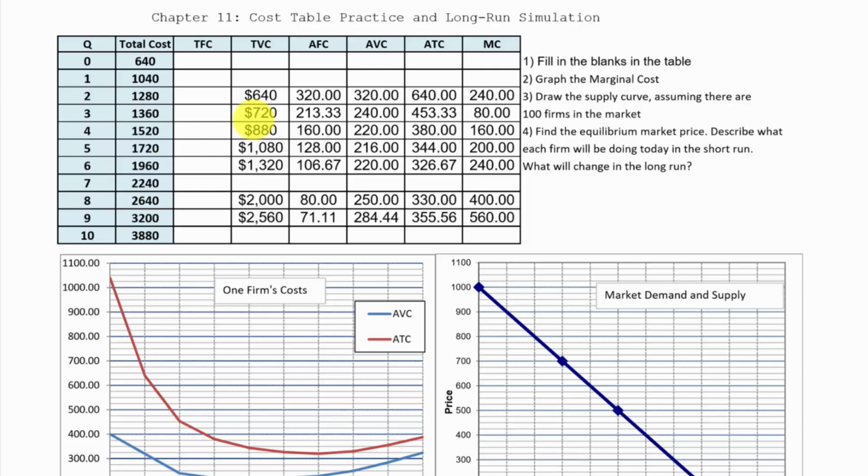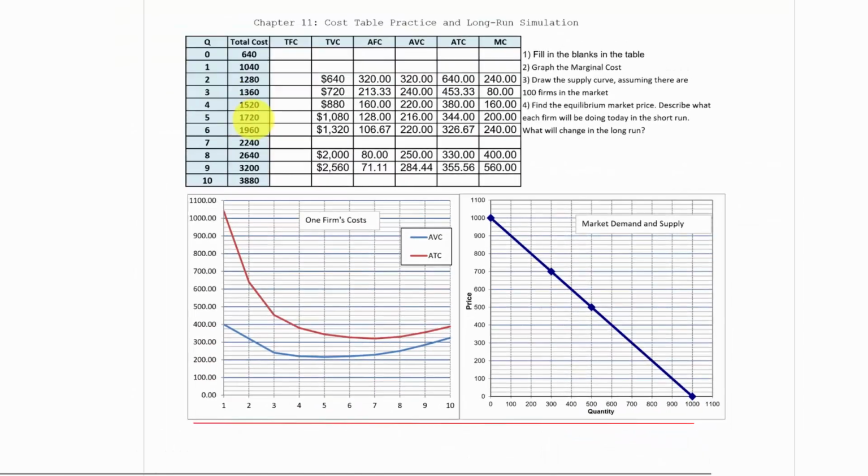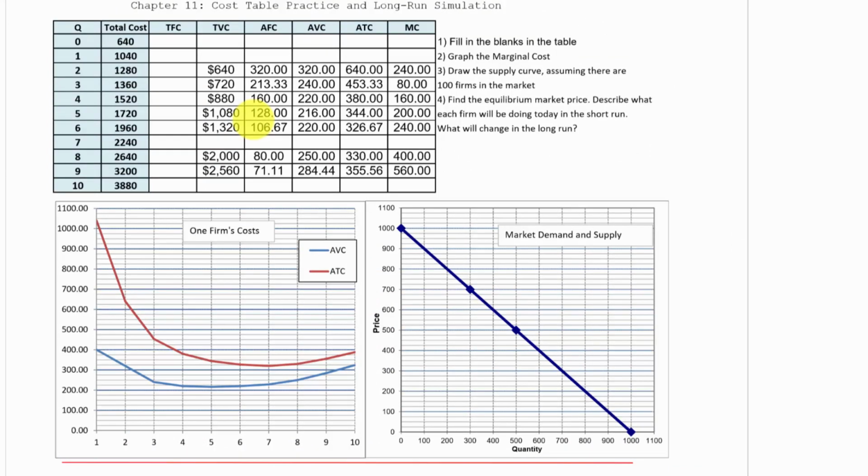And by simulations, I mean we're going to take whatever results we get here about whatever the market price is for these 100 perfectly competitive firms, and we're going to determine, are these 100 perfectly competitive firms making a profit, breaking even, or losing money? And if they're either making a profit or losing money, we're going to explore what needs to change in the long run.